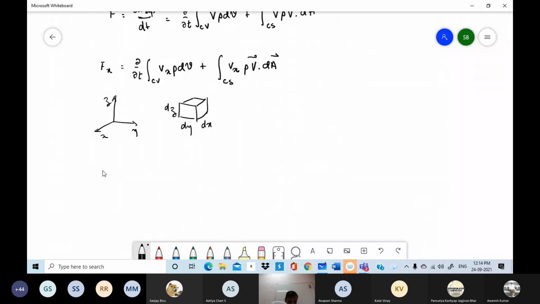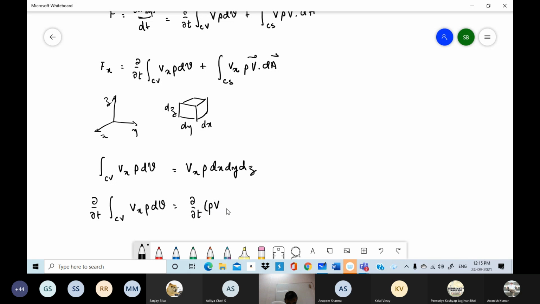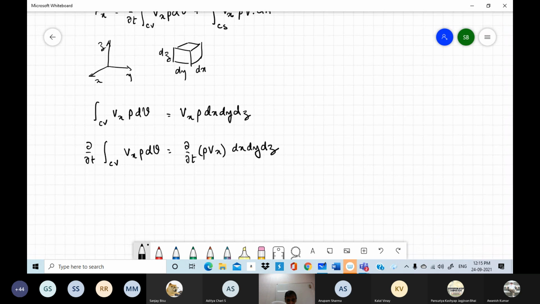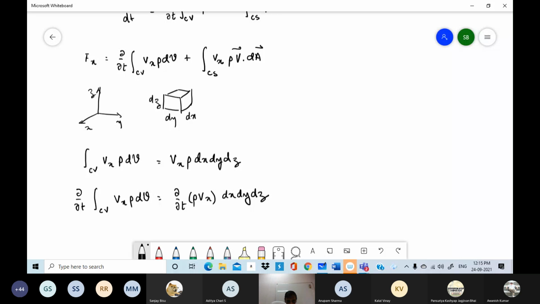So then for the volume element, the first term here I've been able to evaluate.